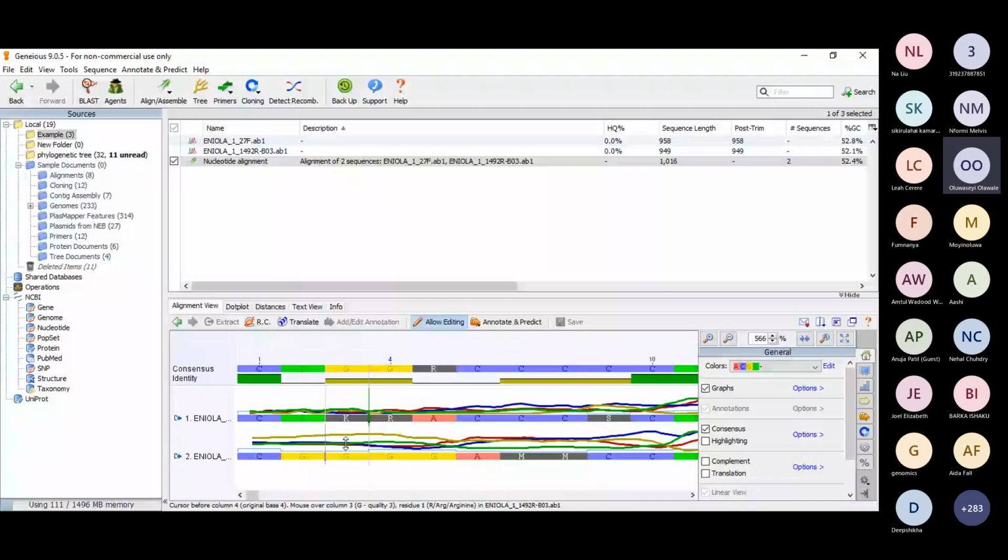Can you see the different colored graph? You can see the A, the C, the G, and the T. The A is red from this end, then the C, the G, and the T.